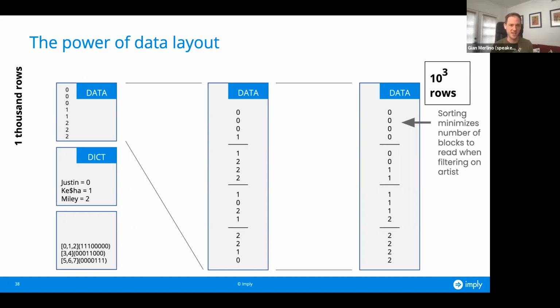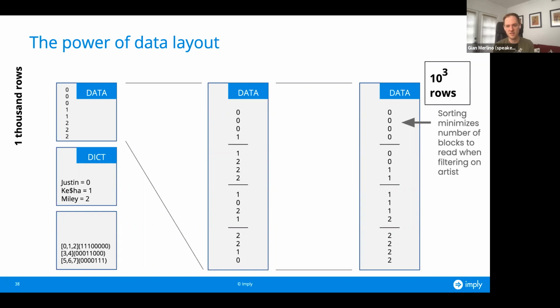I mentioned that if you have a time filter or you're filtering on your partition column, then we can prune the list of segments to the ones that match that filter. But there's another reason it's useful to even cluster things within a segment, which is this block skipping. A lot of data systems do support the ability to skip whole blocks of data. This block-oriented design is somewhat common in columnar architectures.